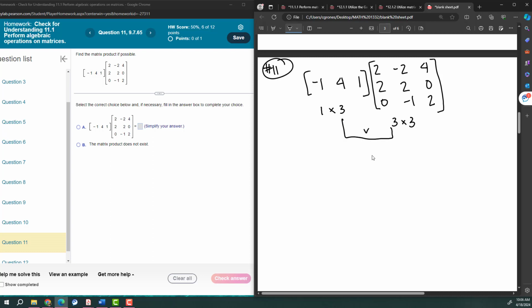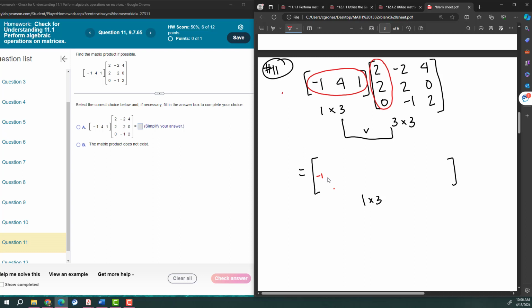Yes, our product is going to be 1 by 3, so like our first matrix. So I'm going to do it like this, and I'm just going to say 1 by 3. We have to multiply this row to every single column, and that's how we're going to find each of our values.